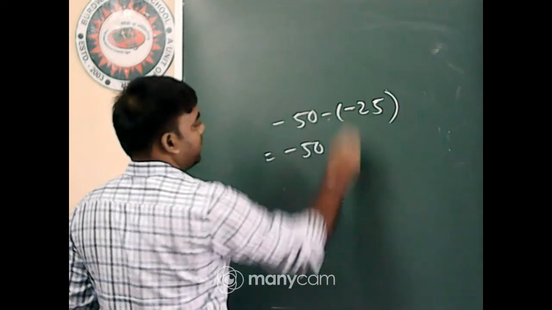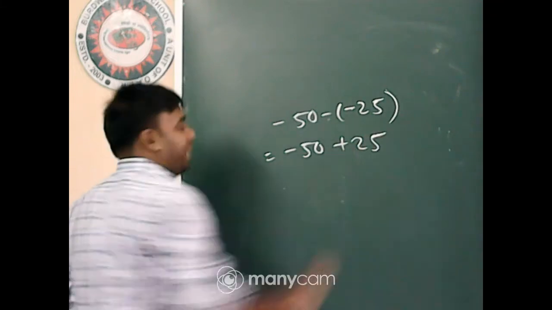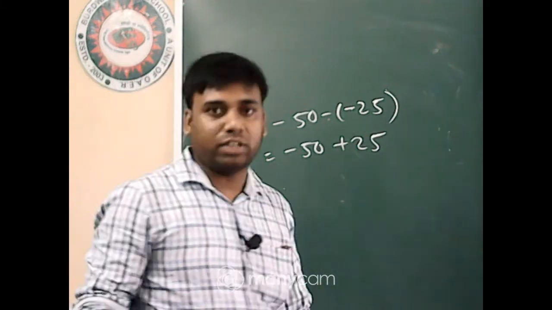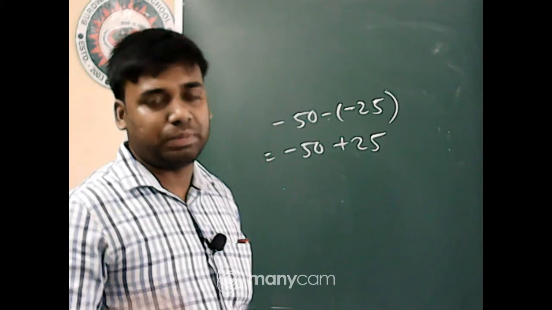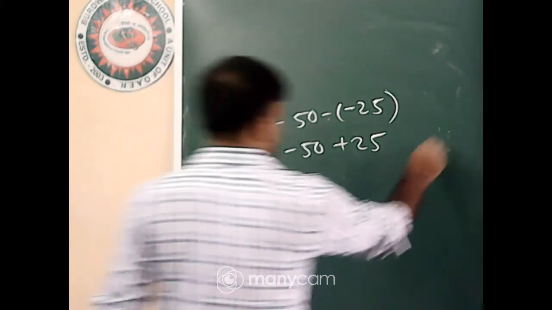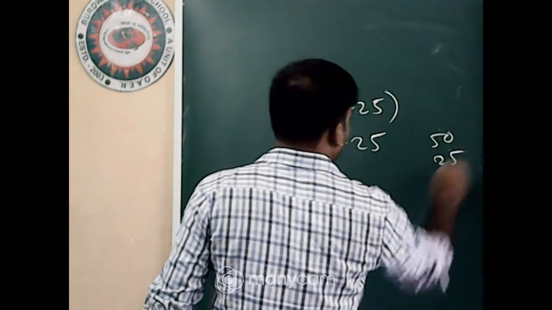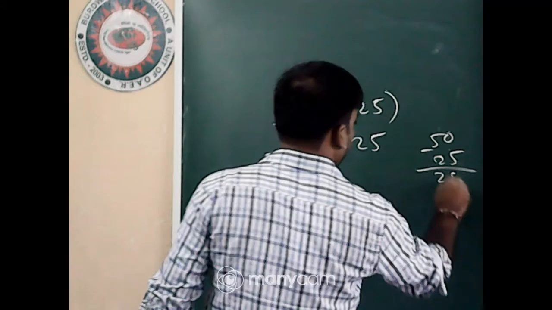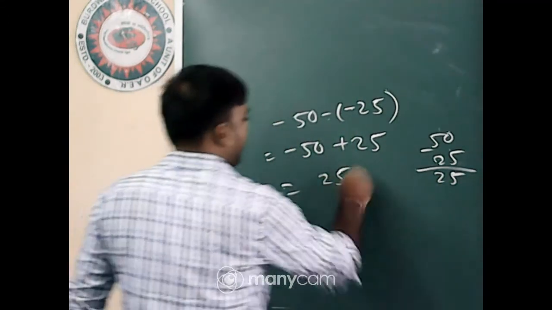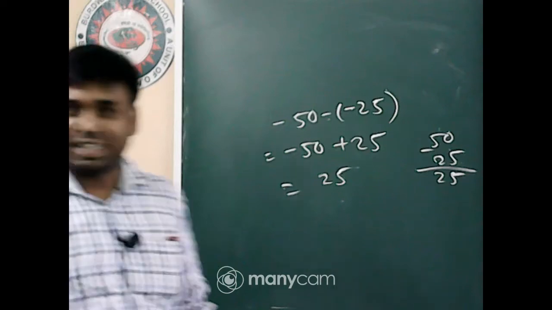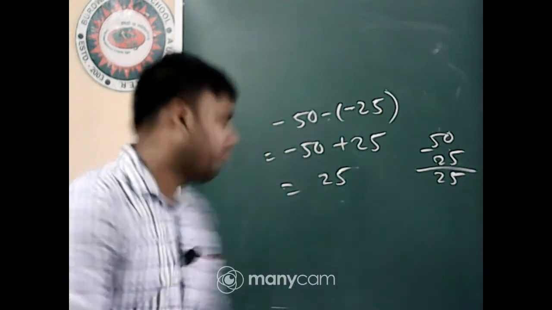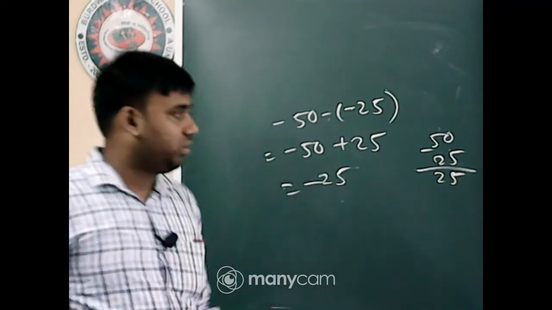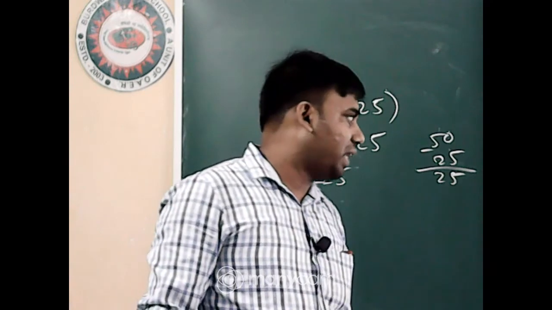Minus into minus, plus 25. 25 and 50, both are in the opposite sign. Opposite sign means subtraction. Which one is greater, 50 or 25? 50 is greater. So subtract 25 from 50, that is 25. Now what will be the sign? 50 is greater. What is the sign of 50? Minus. So minus 25 is the answer.